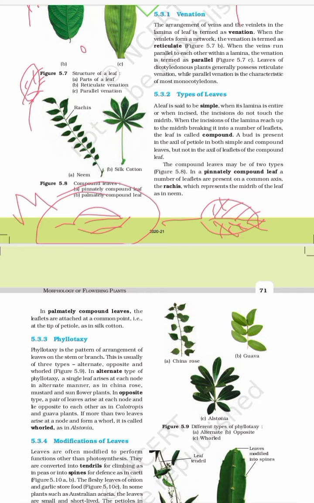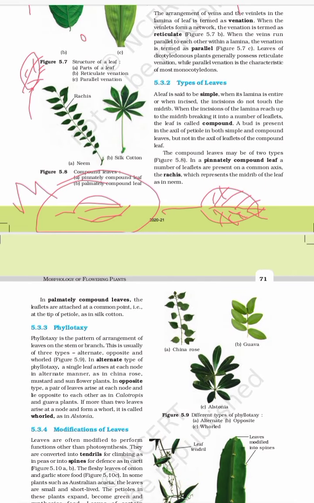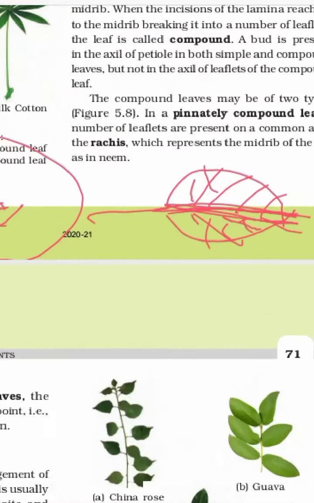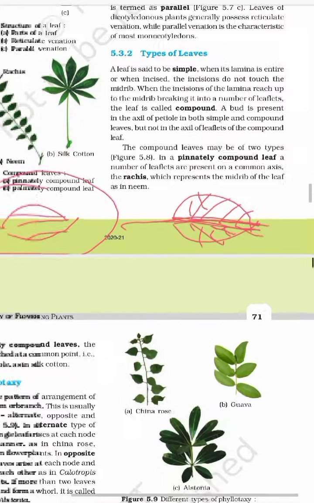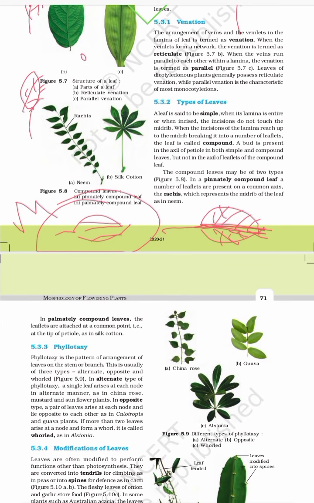Next is reticular venation. What happens is the main vein is formed and a number of branches arise from this, right? You can see over here, the main vein has been formed, right? Here this is the main vein and here you can see the different branches, right? So these are vein and veinlets. This can be seen in dicots and is rare in monocots.